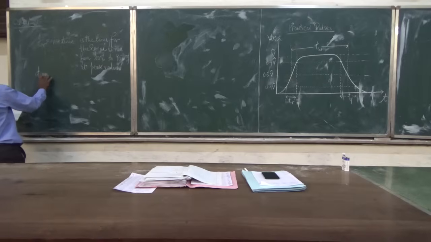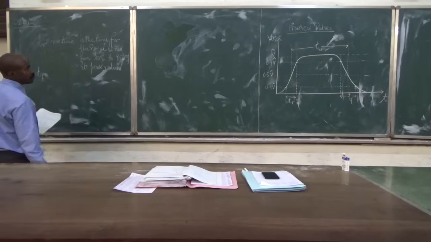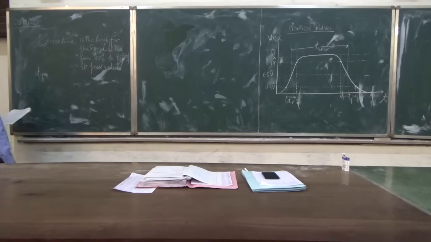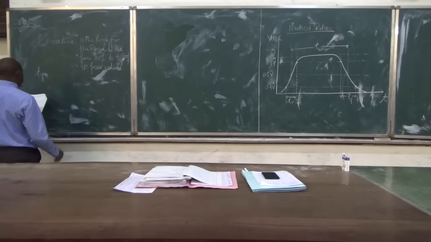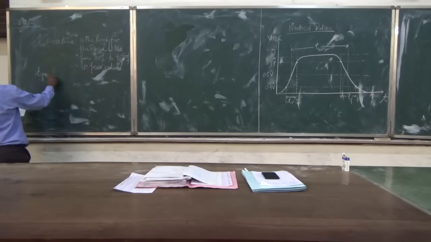Then TF, just for purposes of going step by step, is the time for the signal. So this is fall time.